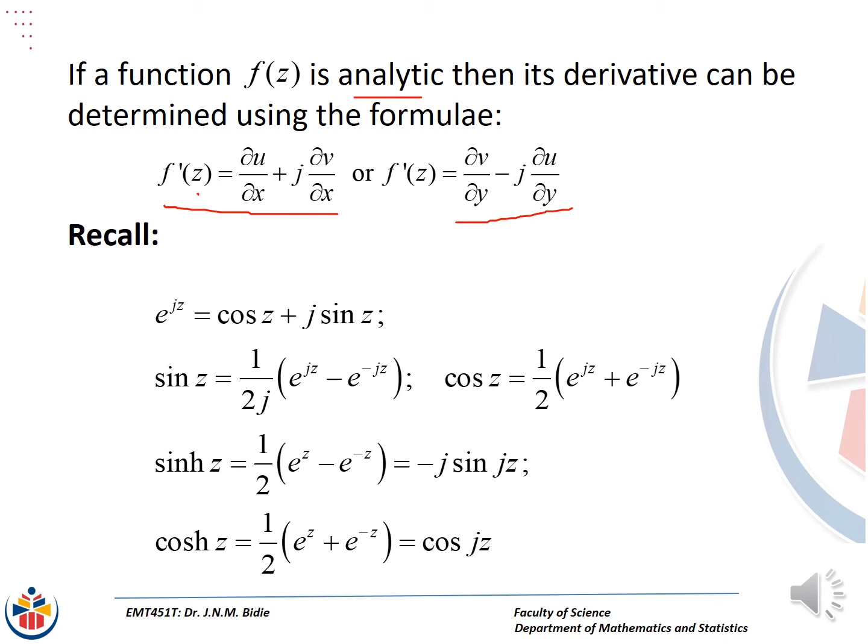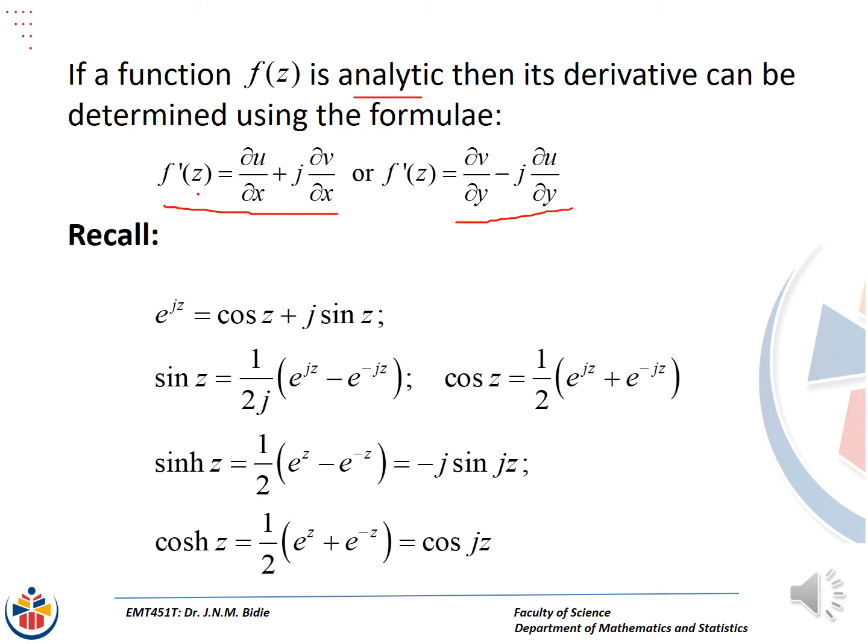Once again, we're just recalling Euler's formula: e to the power jz equal to cos z plus j sin z, and then sin z is equal to 1 over 2j times e to the power jz minus e to the power negative jz. These formulas can be proven directly from Euler's formula. And we also get sinh z.